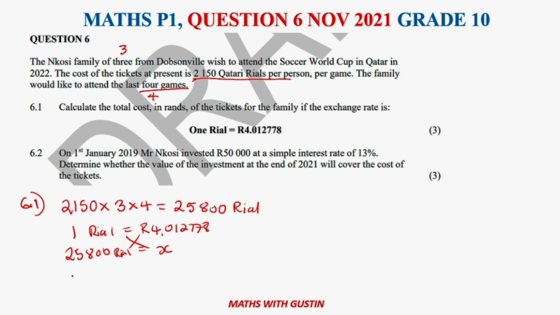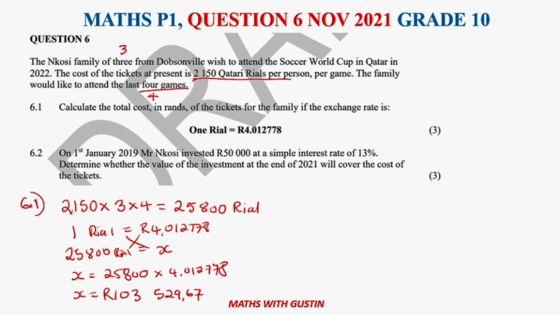We cross multiply, and your answer should be in rands. If we put that in our calculator, it gives 103,529.67. So that's the total amount the family needs in rands. This is an exchange rate question, and I think it's fairly straightforward.